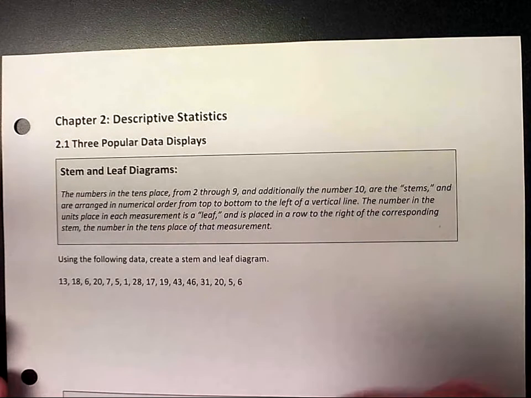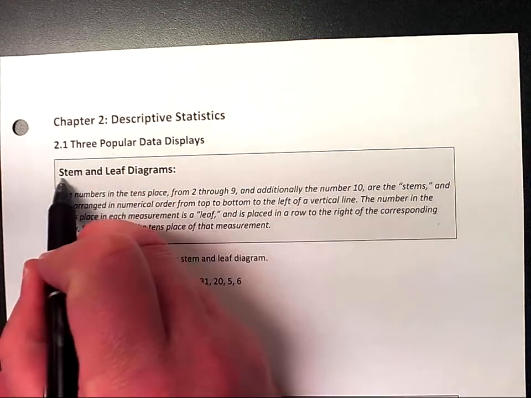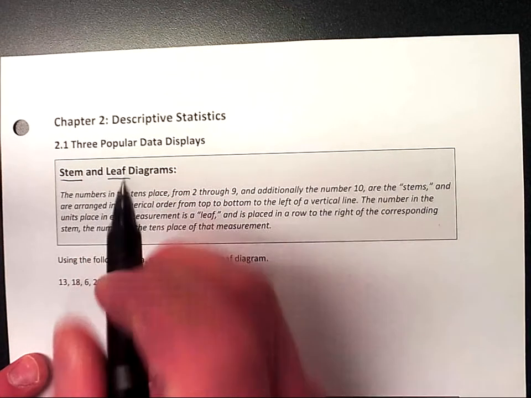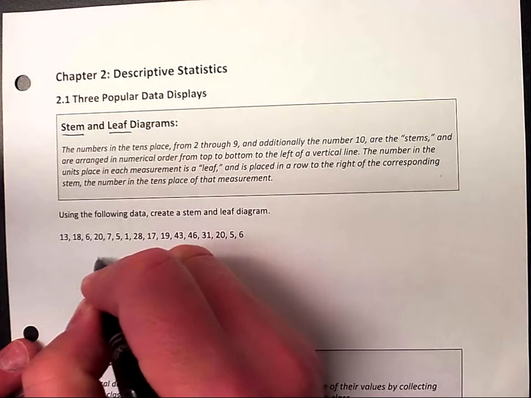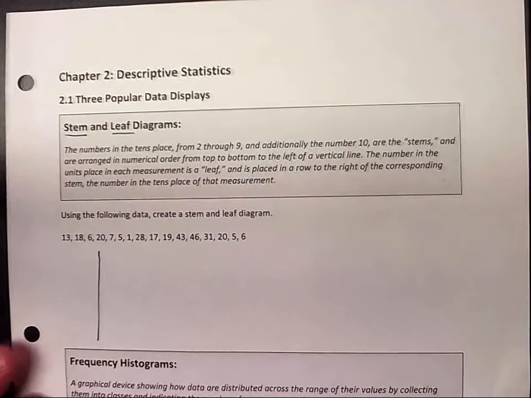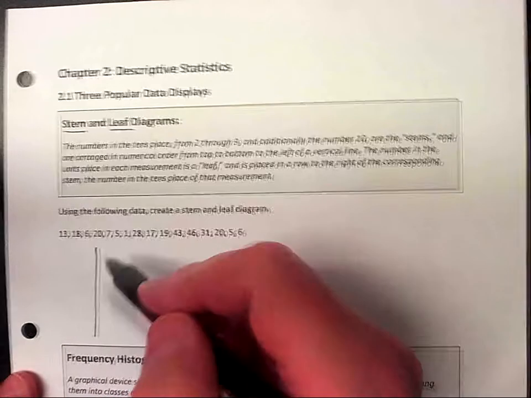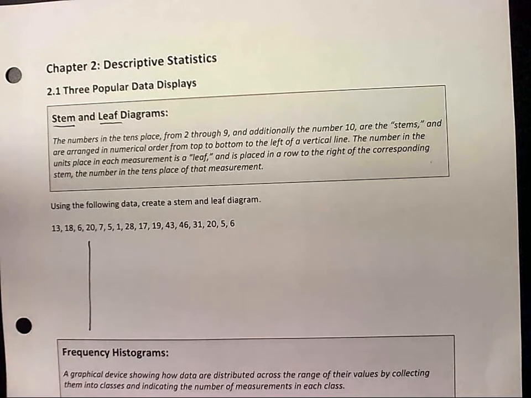A stem and leaf diagram is exactly what it sounds like. We're going to create a stem, and from this stem we're going to have different leaves that grow from it. The way we're going to do it is this. We're going to have this vertical line right here. On the left of this vertical line is where we're going to put the stems, and on the right of this vertical line is where we're going to have the leaves. Now the way that this works out is this.